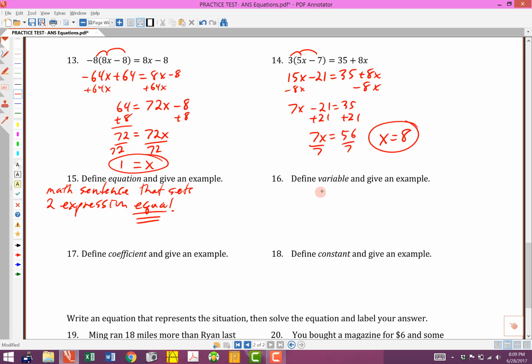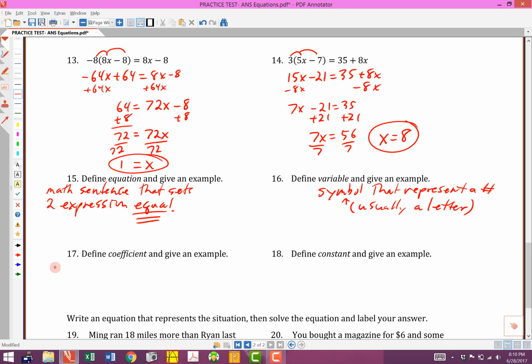Define variable. We'll call it a symbol that represents a number. And right here we're going to say usually a letter. Coefficient. Now remember what a coefficient is. A coefficient is the number in front of a variable.